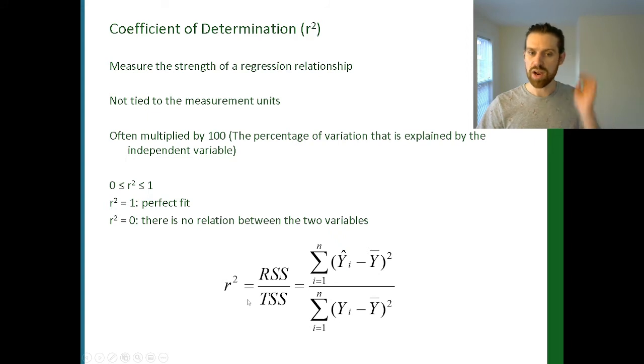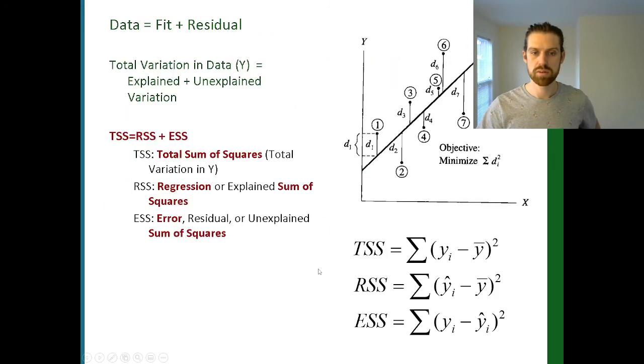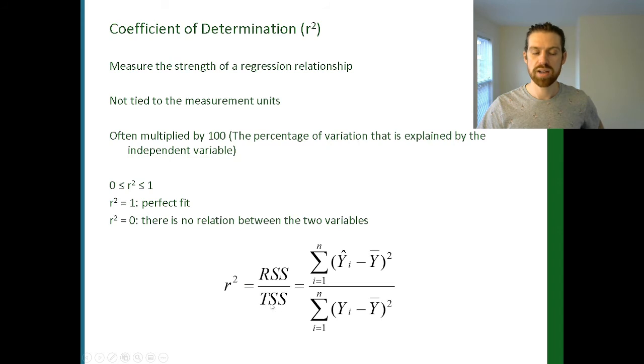So the R squared value is equal to the RSS, the regression sum of squares, divided by the total sum of squares, which is the total amount of variation overall, okay. And we know how to calculate these, so we can then get this R squared coefficient of determination value.